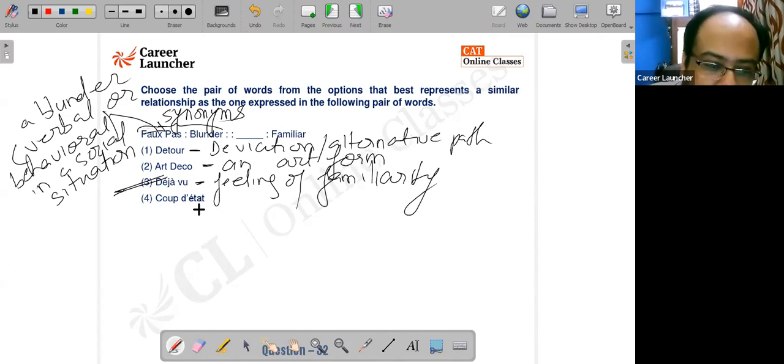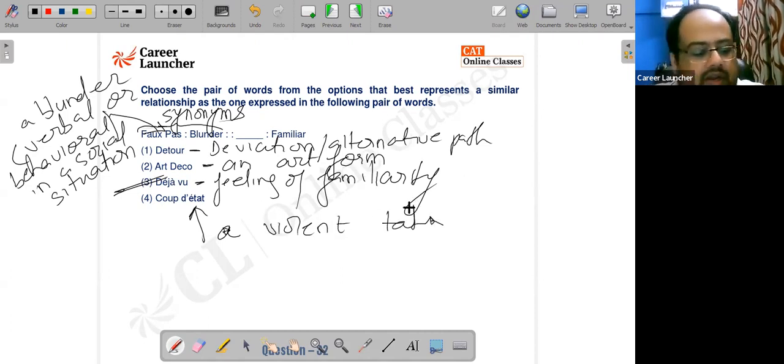And the fourth option, the pronunciation is coup d'etat.